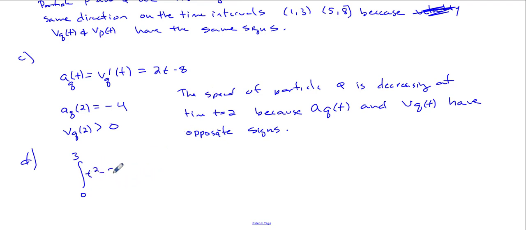T squared minus 8t plus 15, parentheses needed, dt equals position at 3 minus position at 0. Mr. Molly, I know the position at 0 is 5. Can I just write in 5 right here to save myself a step? Yes.